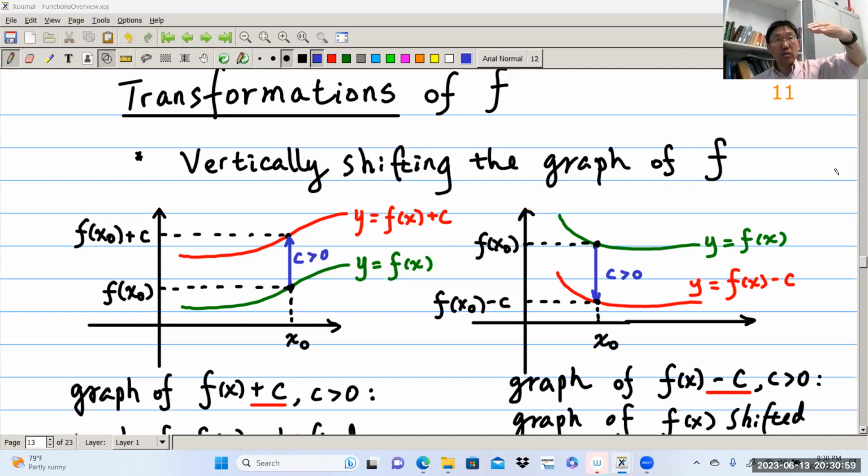Graphically speaking, when we do transformations on a function, we move, or shift, the graph of this function f, or we deform that graph. Then we say we do transformations on the function.